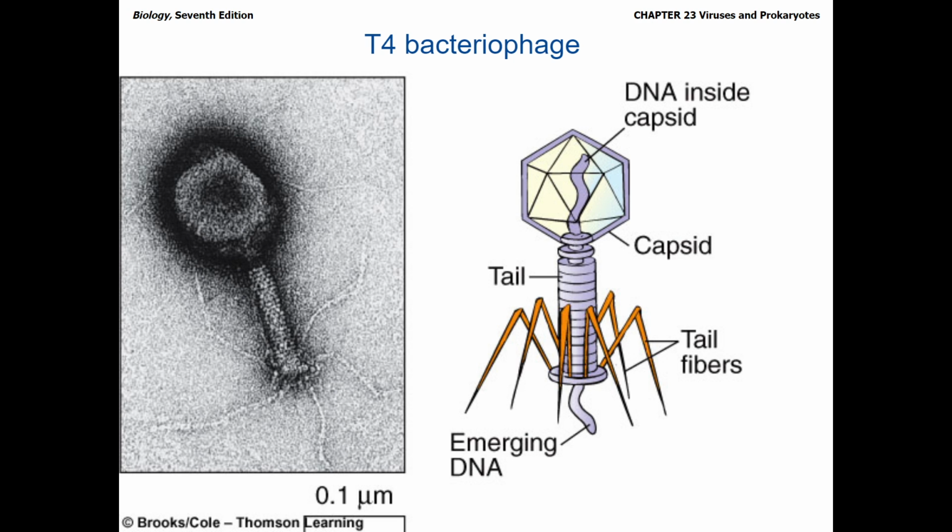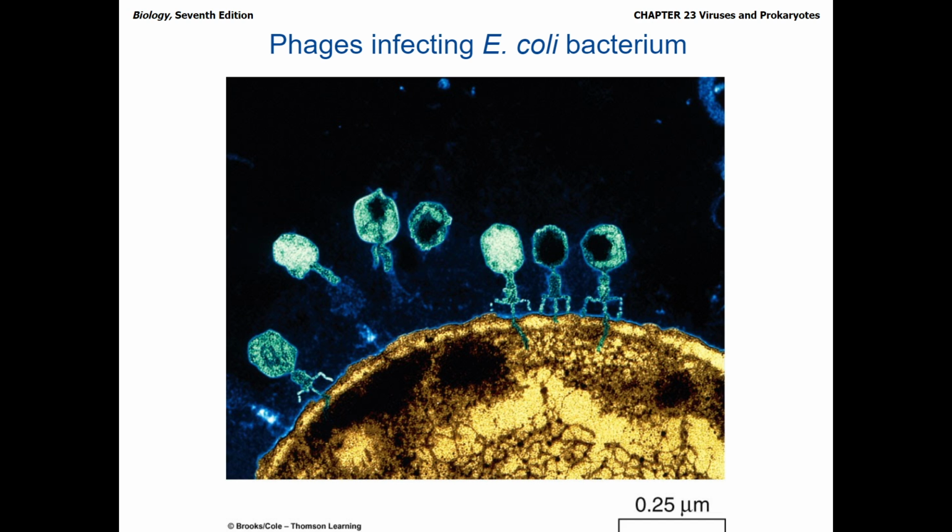It does have tail fibers that generally anchor it to the T4 cell. It does have a tail that it can squeeze its DNA out of, and it has an upper hexagonal capsid or protein coat. This type of virus, a bacteriophage, infects bacteria. So here are multiple phages infecting an E. coli bacterium.